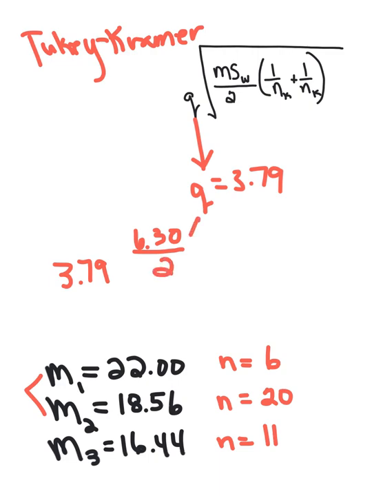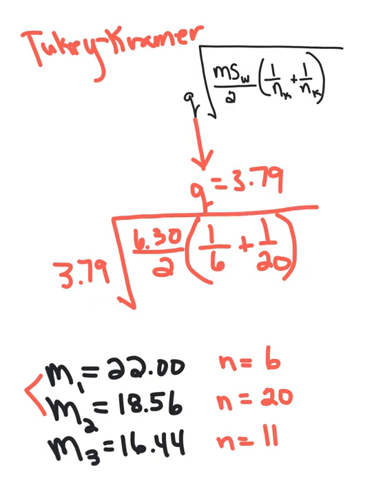And then we're going to multiply that by 1 divided by each of the sample sizes. So I have K's here. So 1 divided by the sample size for the first group, which is 6. 1 divided by 6 plus 1 divided by 20, parenthesis, and then all of this goes under the square root, okay?